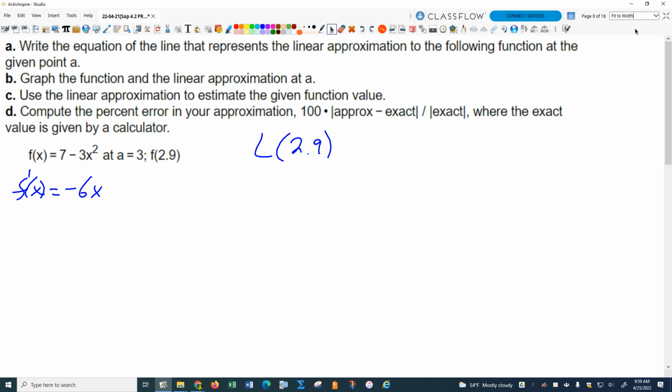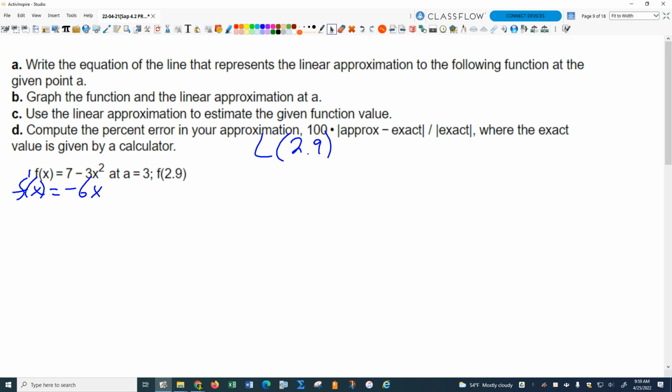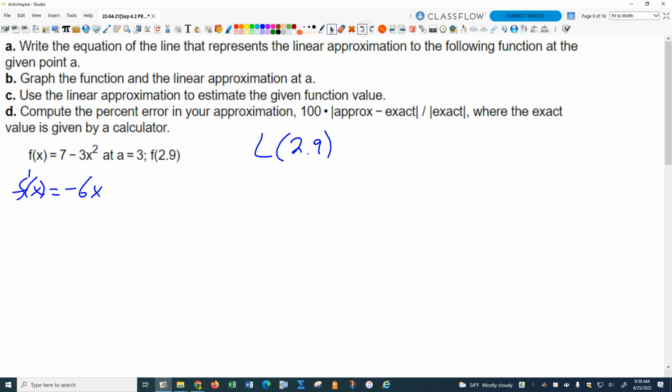So the one formula for this assignment that you really have to remember would be what? If we call the linearization L of x, which is really just y, right?